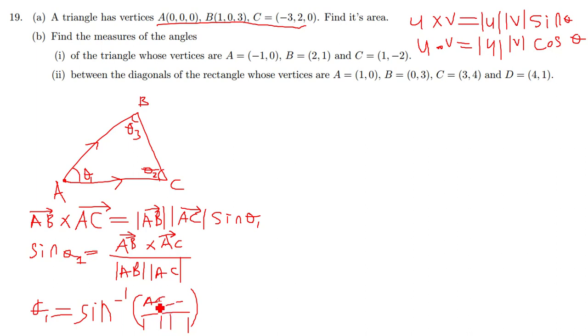This part, you write it in these brackets. So when you find the cross product of these two vectors, divide by the product of their magnitudes, and then you find the sine inverse of that, you get the answer, which is your theta 1. Same applies to theta 2.